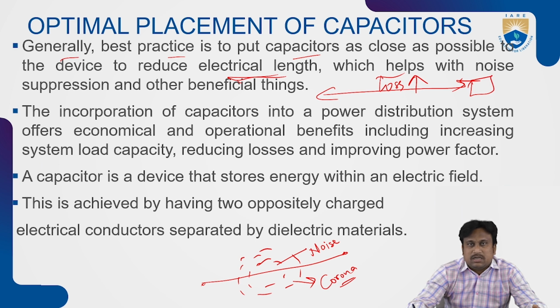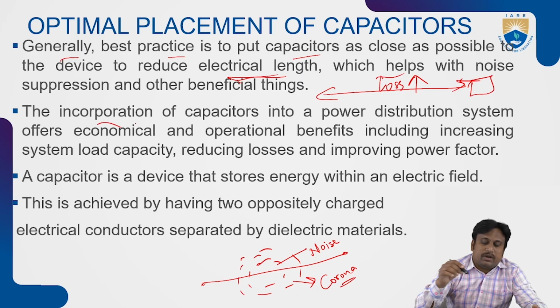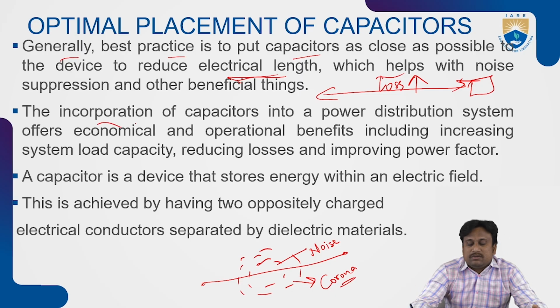This reduces the noise humming and also increases the efficiency of the system, reducing noise levels and loss coefficients. So incorporating capacitors into the whole power distribution network offers economical and operational benefits.